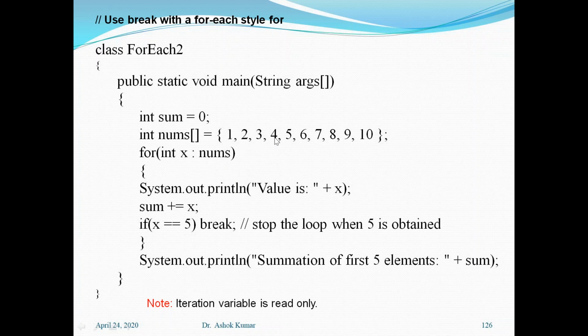So 1, 2, 3, 4, and 5 will be added to the sum, and you will get the sum of the first 5 numbers. When break is executed, the control will come out, and you will get the result, summation of first 5 elements is equal to 15. Whatever the sum is, I think 15 will be the sum, so you will get 15 over here.